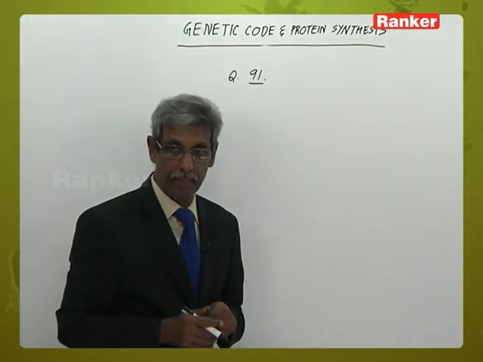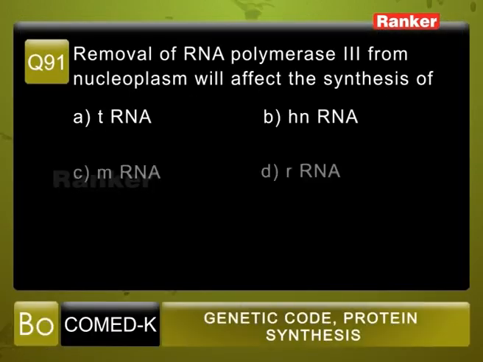Question number 91. Removal of RNA polymerase 3 from the nucleoplasm will affect the synthesis of choices. A is tRNA, B is hnRNA, heterogeneous RNA, C mRNA, D is rRNA.